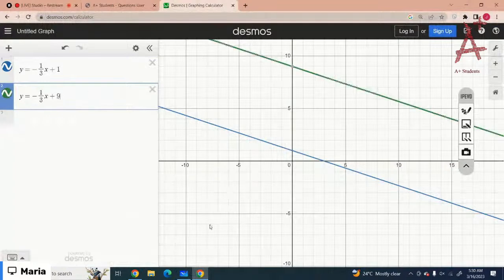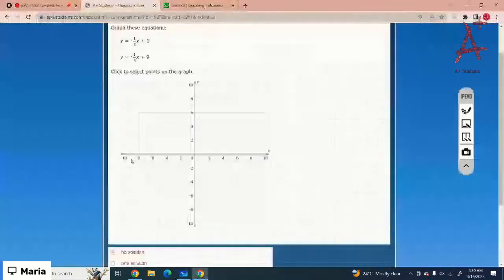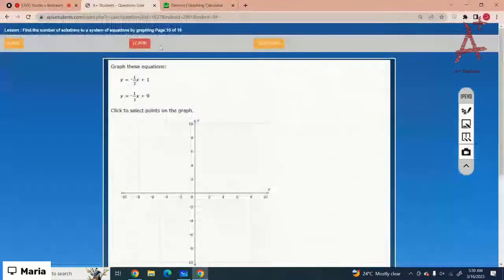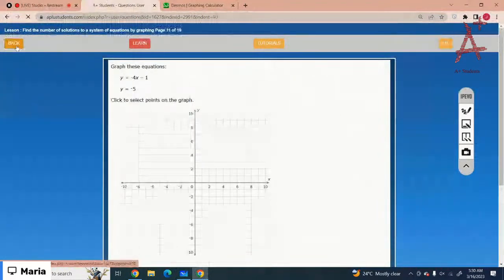See, they are both parallel lines. They have no solution. Got it? So the system has no solution. Okay, you can complete this by yourself later today. Let me just move on to the next lesson.